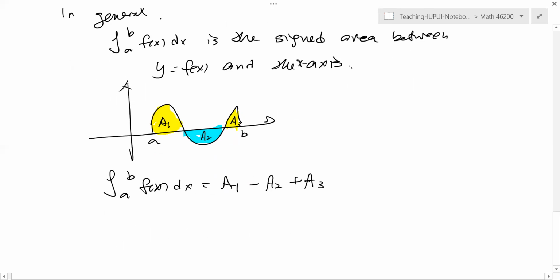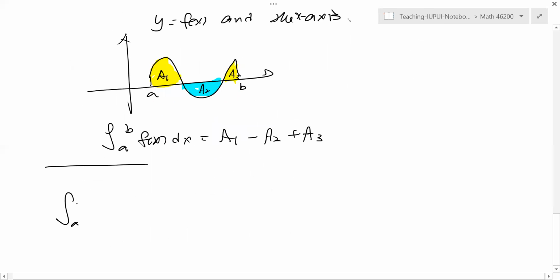If the region is below the axis, it's negative. Anyway, we can always approximate, because the integral is a limit, right? So it's always approximated by those sums.